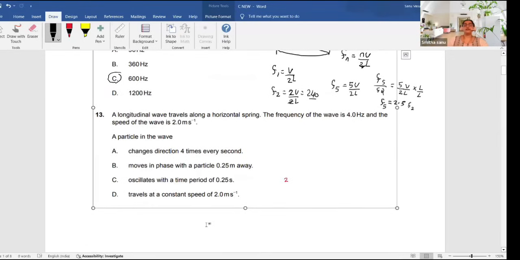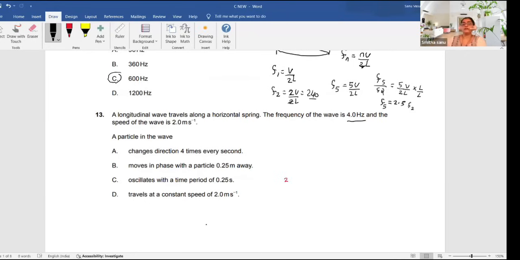A longitudinal wave that travels along a horizontal spring. The frequency of the wave is given to you. It is 4 Hertz. And the speed of the wave is 2 meters per second. What is true about the particle? Particle changes direction 4 times every second. Is it that it moves in phase with the particle 0.2 meters away?